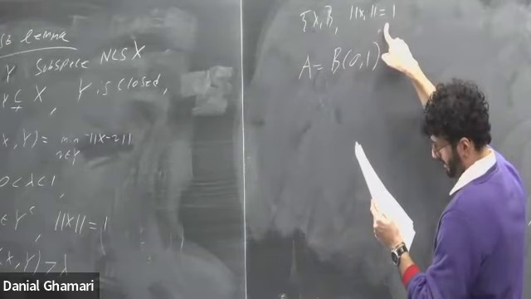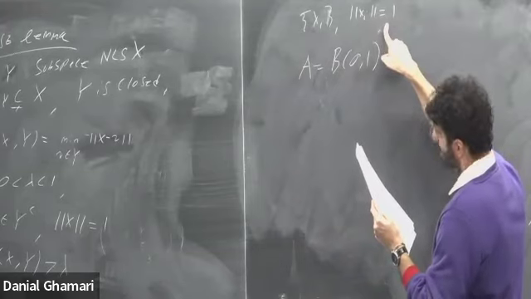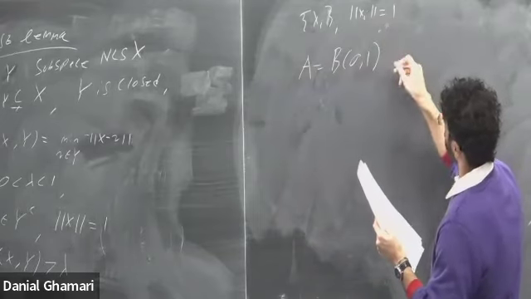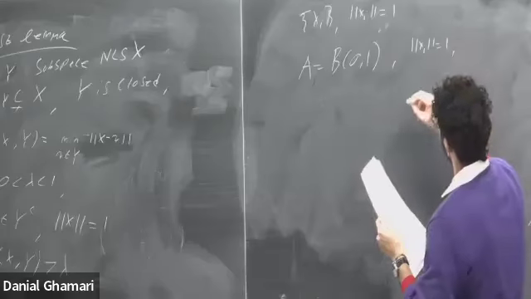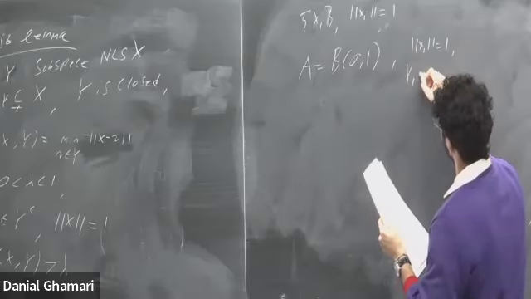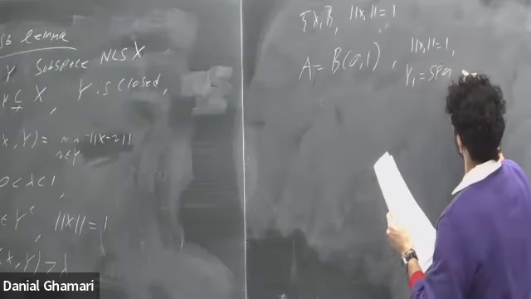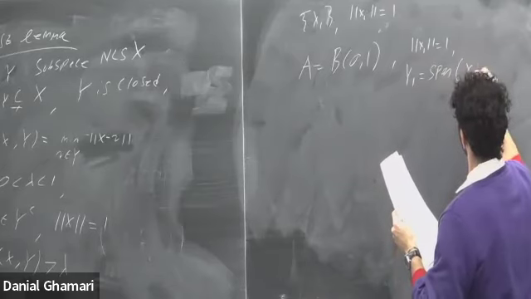Then we'll pick one element in the ball, call it x1, so the norm of x1 is equal to 1, and we'll call Y1 the span of x1.